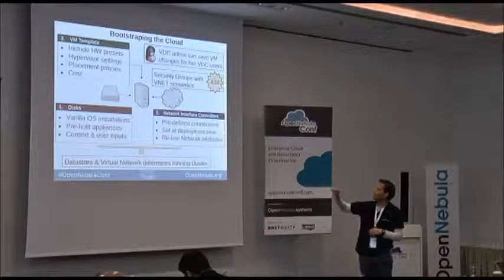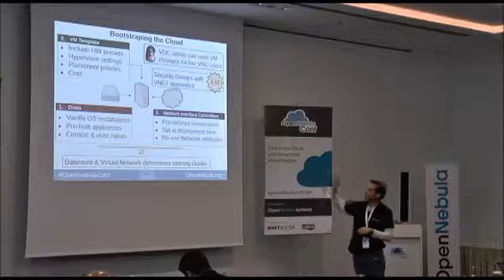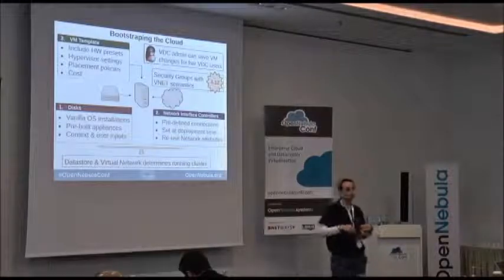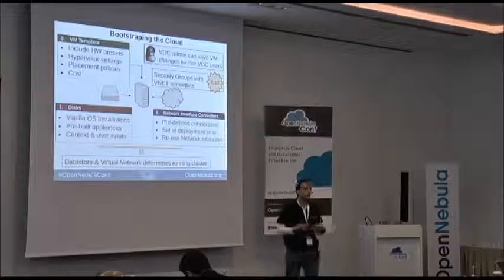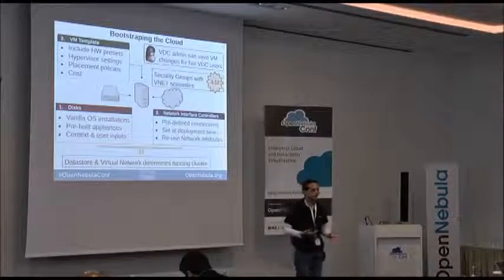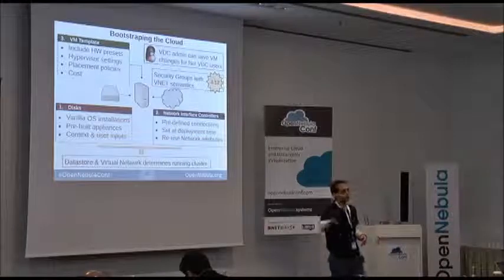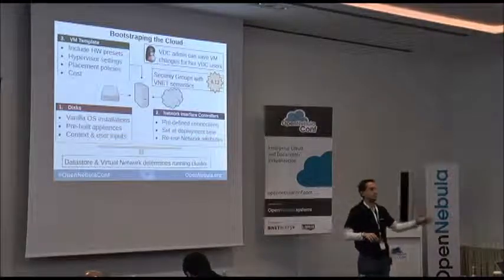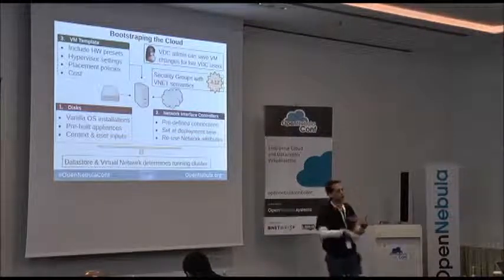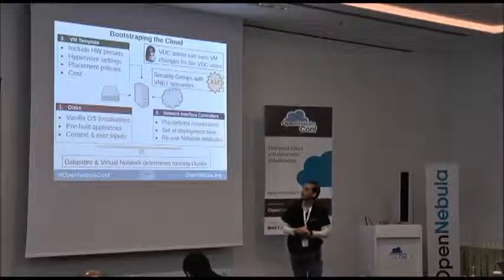So when you have the disk and the networks, then you prepare the VM template. What do you include in a VM template? Usually you include hardware presets for the virtual machines, like specific attributes for the images. For example, you have prepared qcow2 images, so that can be included in the template.